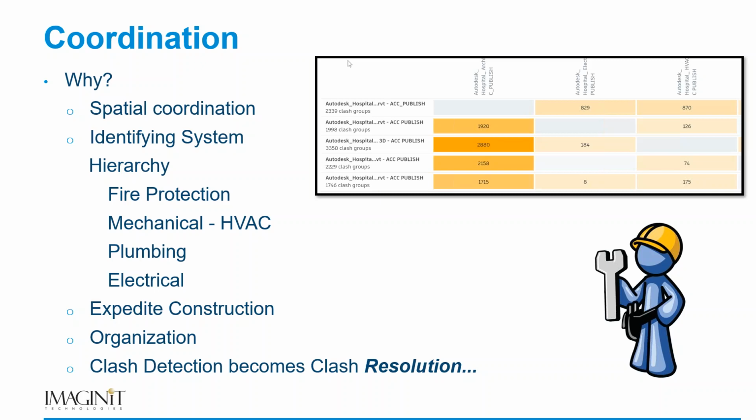Well, again, a really organized building that has logistics applied to it, such that we know when things have to be, when things have to occur at what phase, at what time, we're organized, that's going to expedite that process. And ultimately, this coordination effort becomes clash detection, for instance, in the design phase, ultimately becoming clash resolution, and sign off once we're into construction and we're moving on to the next phase.